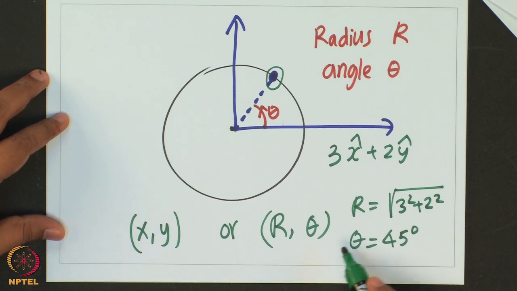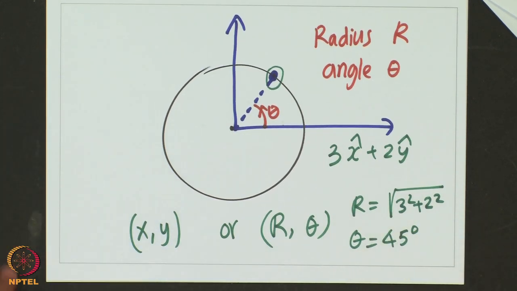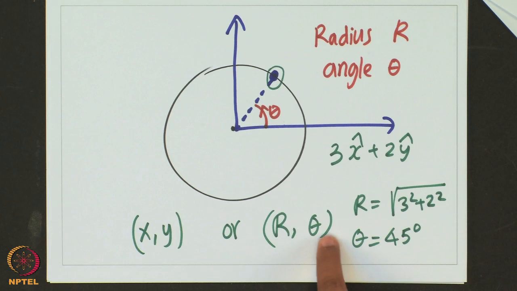So this method of specifying a point by the radius and the angle is basically known as plane polar coordinates.